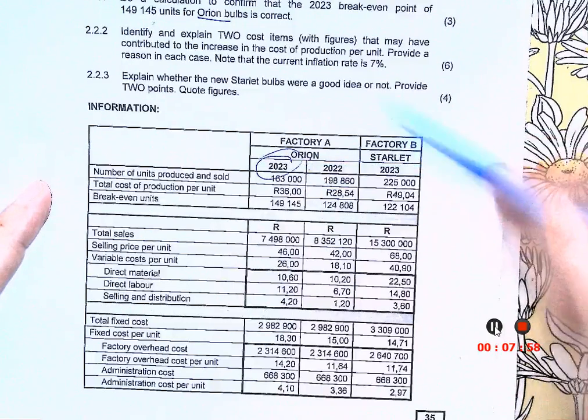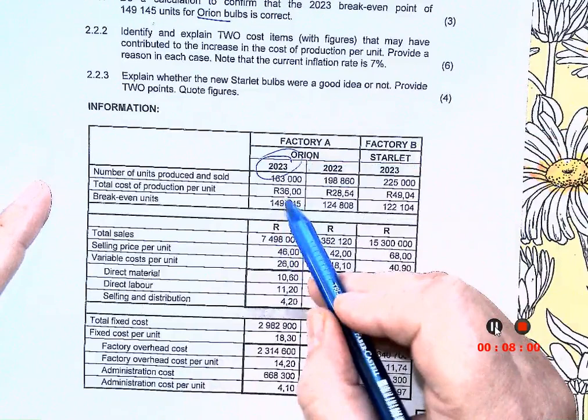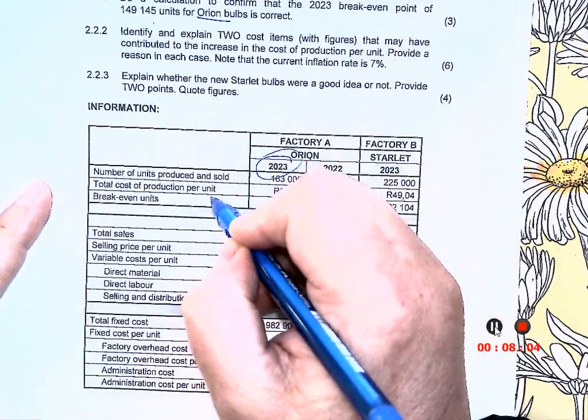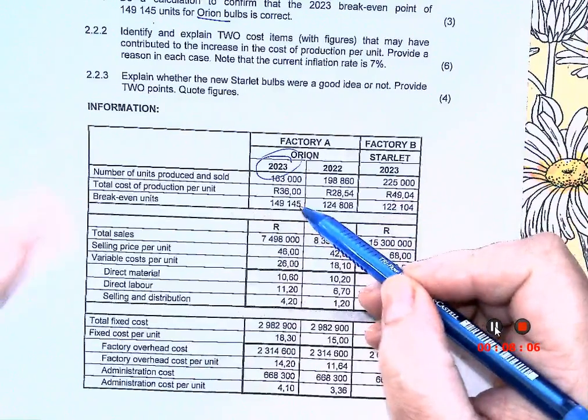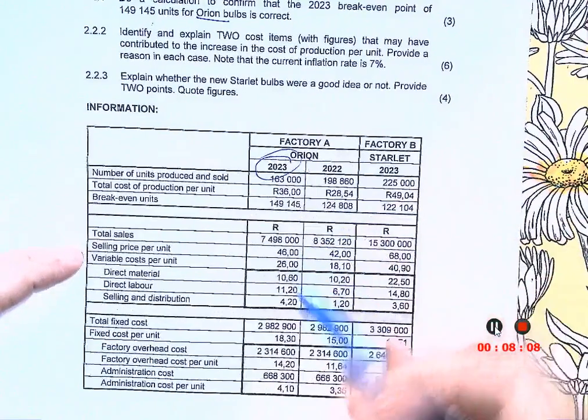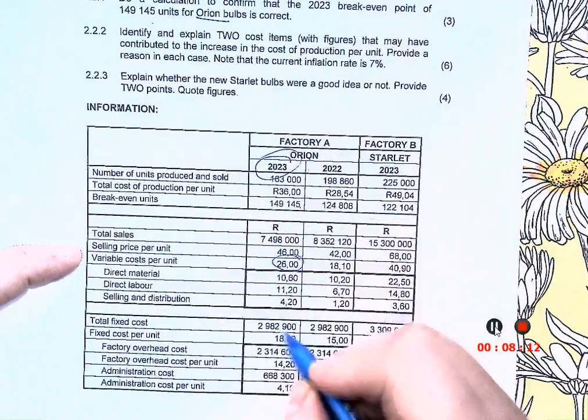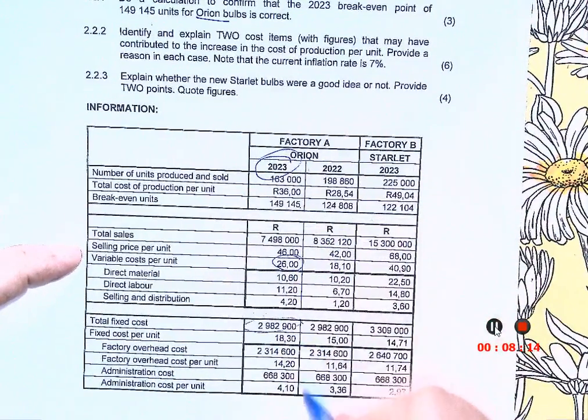I see there the total cost of production per unit. Do I want that? No, I don't want that. Break even, total sales, blah, blah, blah. Variable per unit, I want that one. Total fixed cost, and where's my selling price? There.